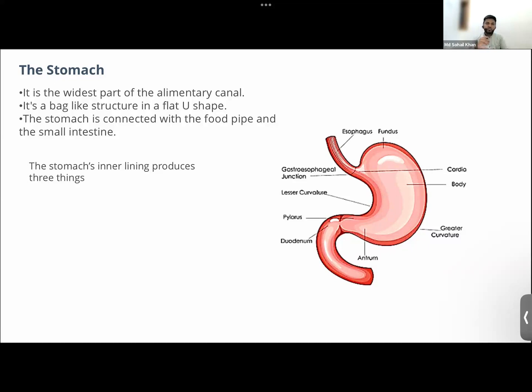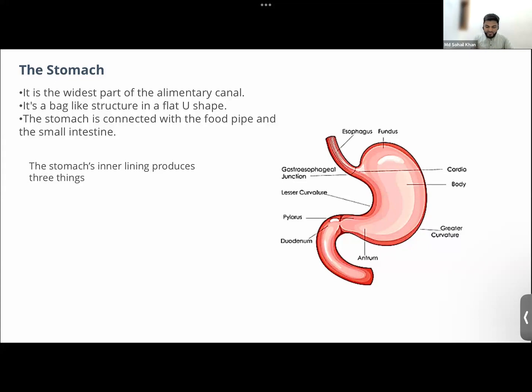Whatever food we are consuming goes to our stomach, and here it is churned and ground. So it can also be called a churning machine, where the food is broken down further. So many different enzymes act upon it, and it is converted into a paste-like structure called chyme.